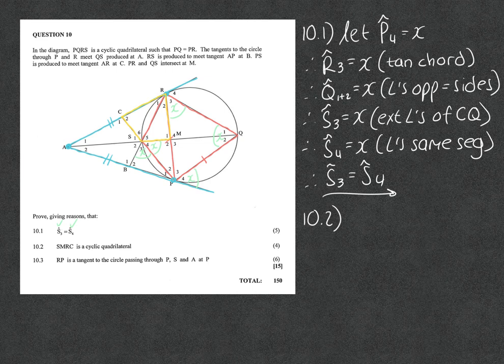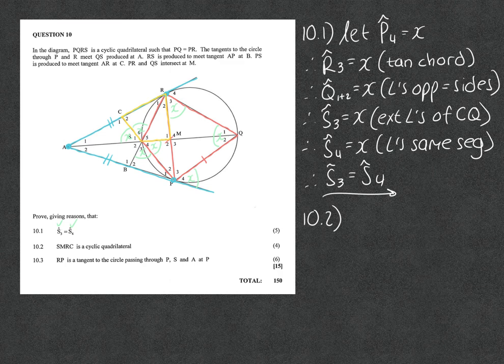So SMRC, what can we prove so far? Well, let's fill in more x's, shall we? So I know that S1 will equal x. That's because of vertically opposite angles, S4. And then I can also state that this is also going to equal x, so that's also x. Fantastic.